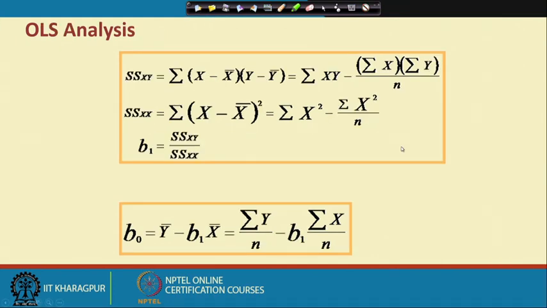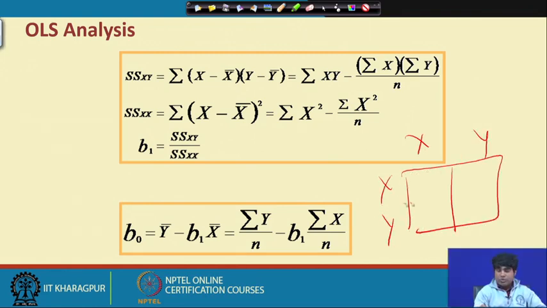If you simplify again, b1 equals Sxy, the sum of squares, that is, the covariance. Technically, the structure will be like this: we have x and y, and if you prepare the covariance matrix, this is xx and this is xy, this is yx and this is yy.